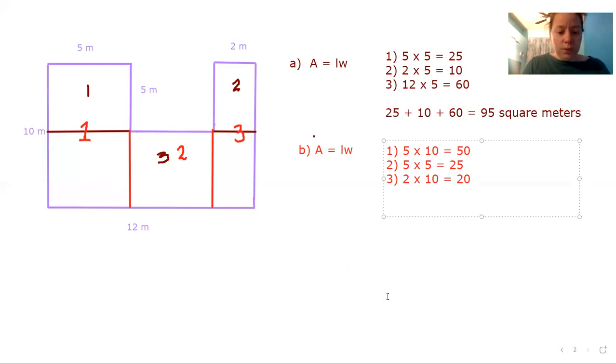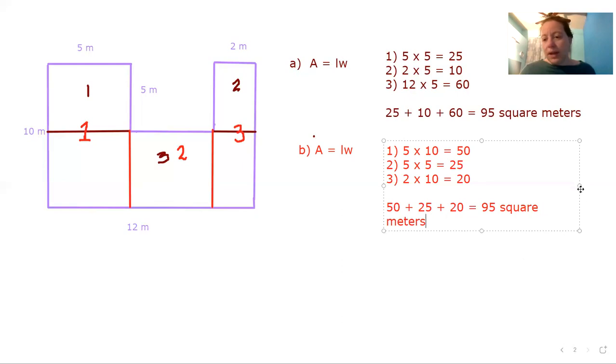So then I go 50 plus 25 plus 20 is equal to 95 square meters.